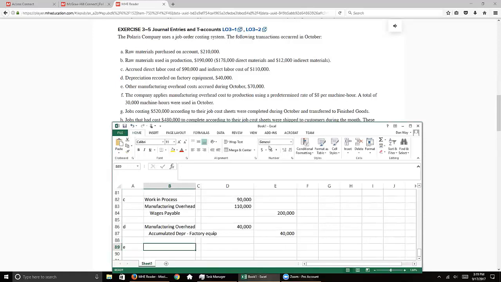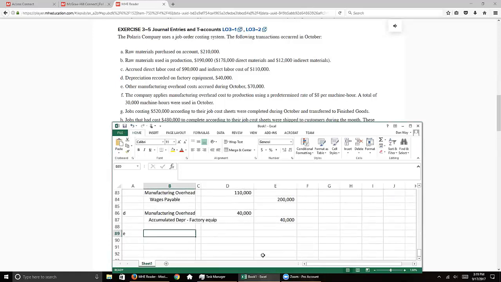And then letter E, we knew other manufacturing overhead costs accrued during this particular month were $70,000. We don't have to determine whether it's direct or indirect because we know right away it is explicitly manufacturing overhead. So I know I need a debit to manufacturing overhead for $70,000.